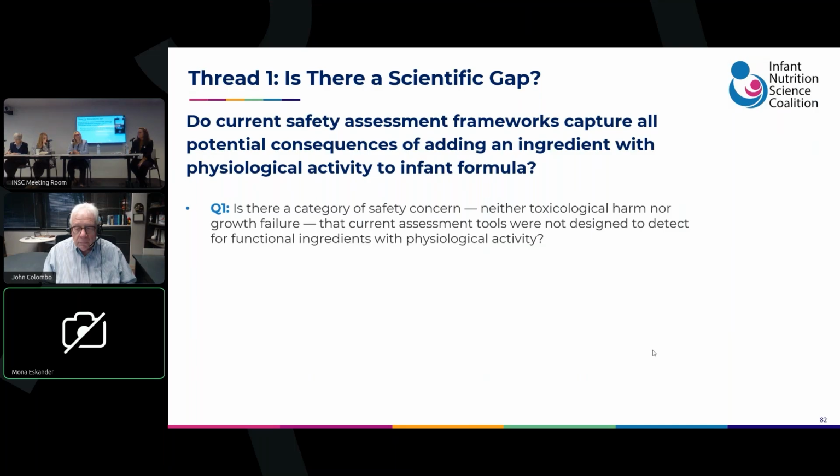That has been practically relevant in the assessment of bioactive proteins, structured lipids, human milk oligosaccharides, and probiotic organisms in infant formula. That said, I totally recognize the huge burden on industry and government resources in case a more extensive approach is taken.